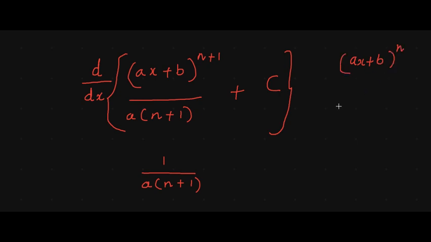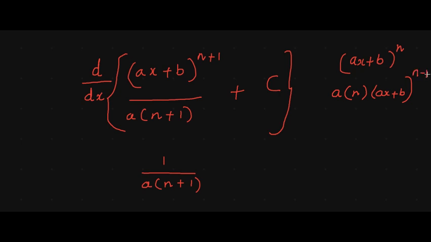If you remember, that is actually equal to a times n, then (ax + b) to the power of n minus 1.